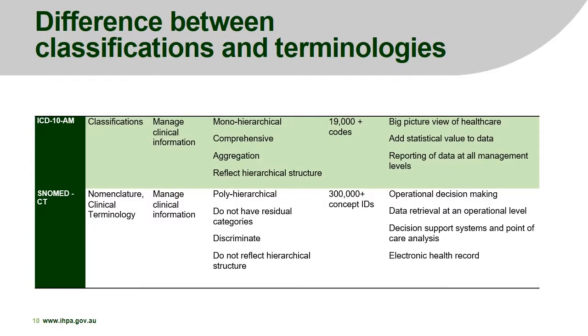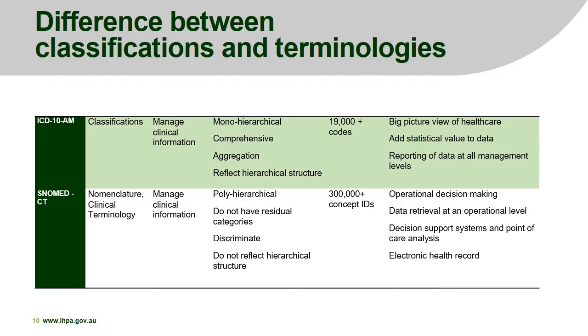Classifications such as ICD-10 and clinical terminologies such as SNOMED CT both manage clinical information. But a classification is mono-hierarchical, comprehensive, provides aggregation, and it reflects its hierarchical structure.